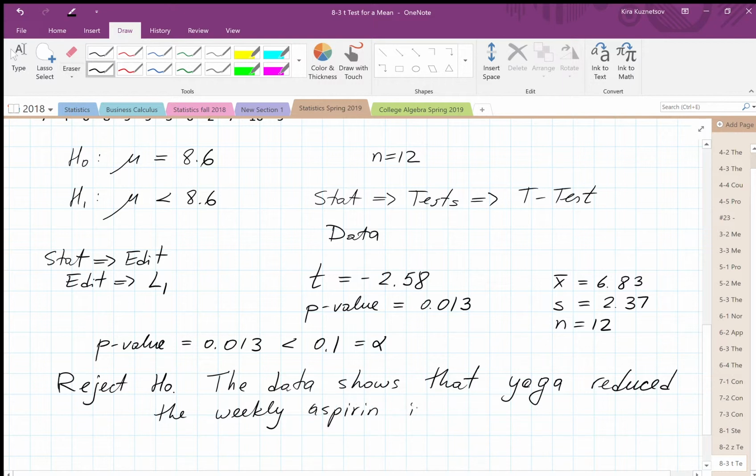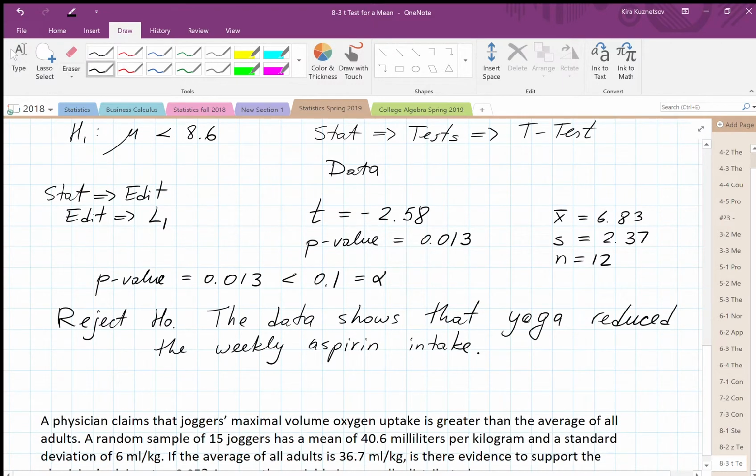The most important thing is that final sentence.